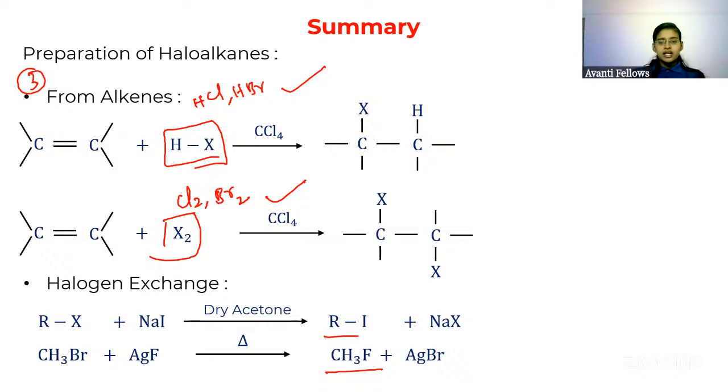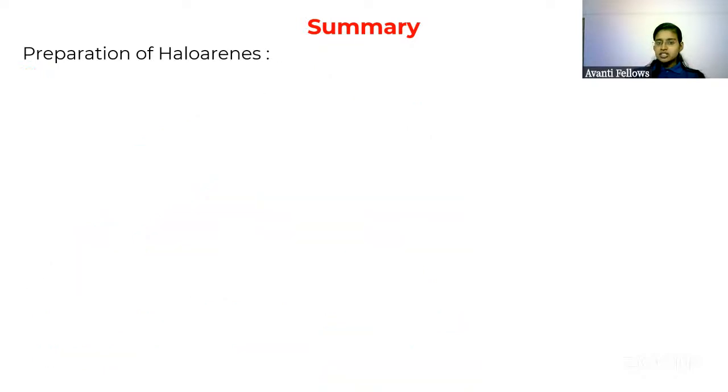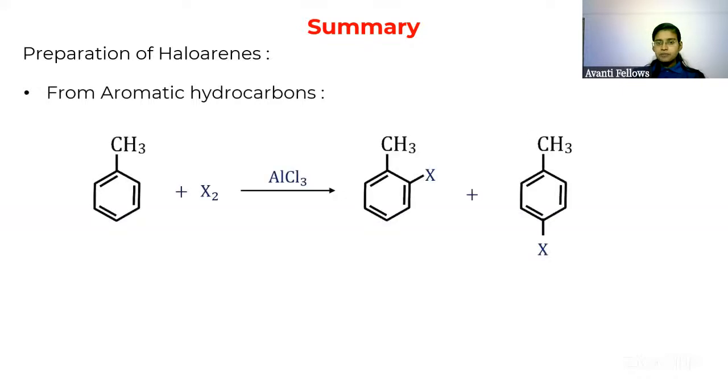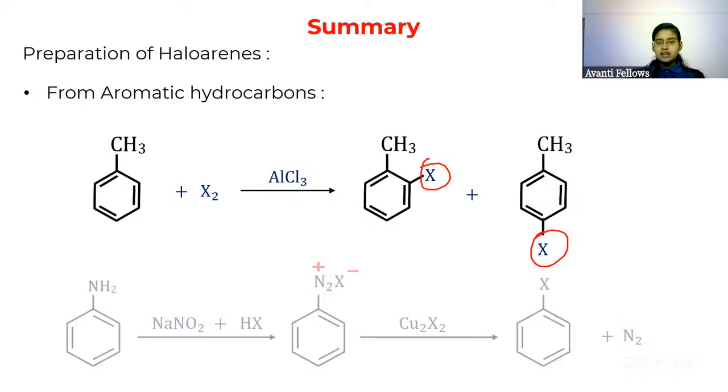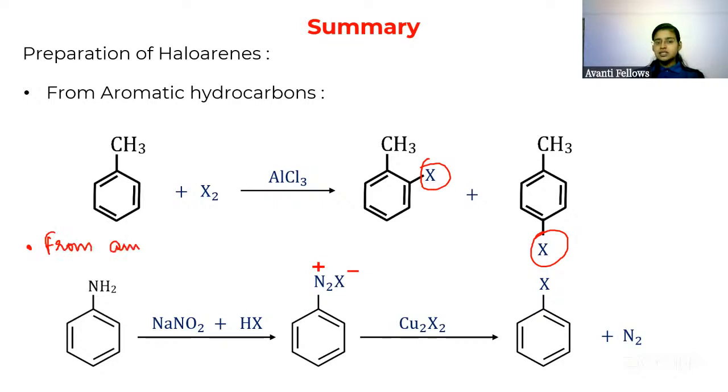Then later on we studied the methods of preparation of haloarenes. The first one is from aromatic hydrocarbon, where we get an electrophile that will get substituted at the ortho and para positions. Secondly, we studied the Sandmeyer reaction, from amines.